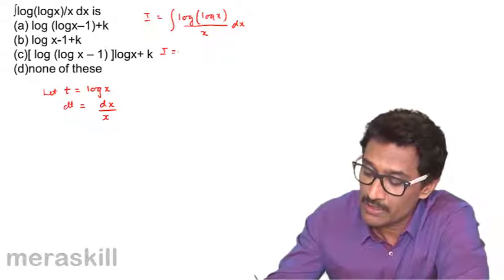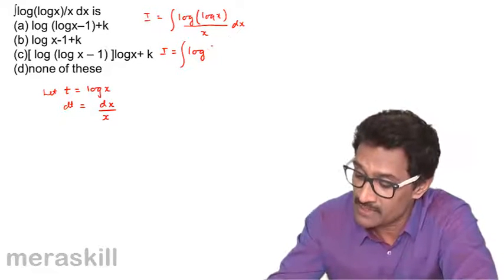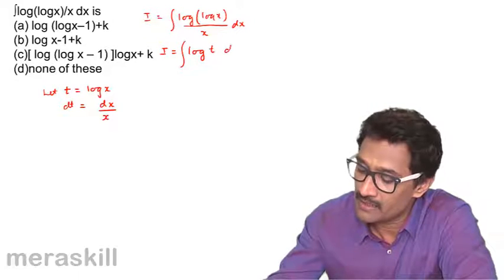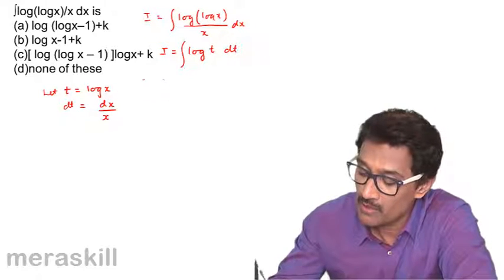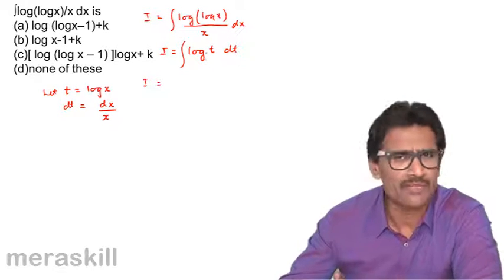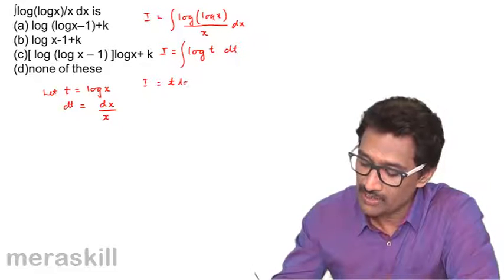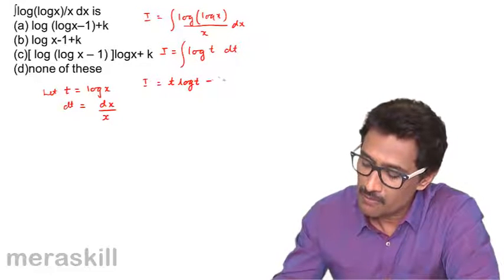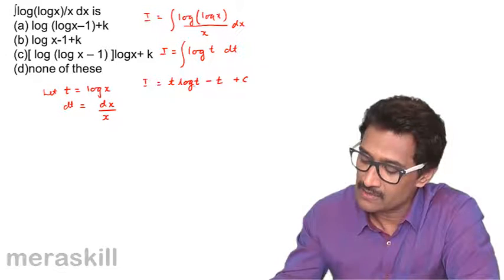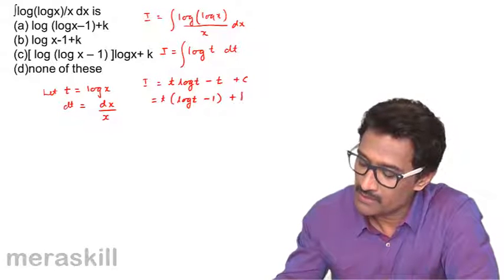Substituting, we go ahead and you get log of log x, which we have taken as t, and dx upon x is nothing but dt. If you remember the formula, I is nothing but the integral of log t, which we shall remember, but let's familiarize ourselves with the formula. This is going to be t log t minus t plus c.